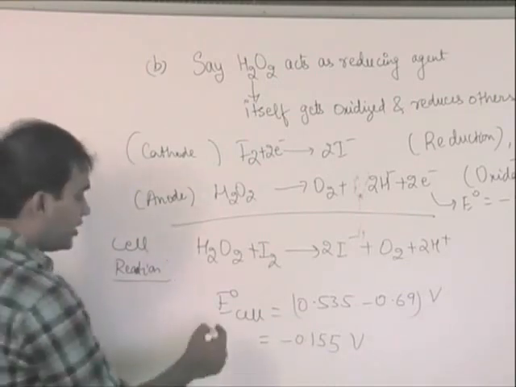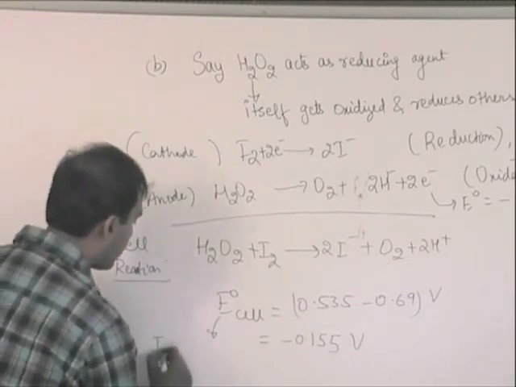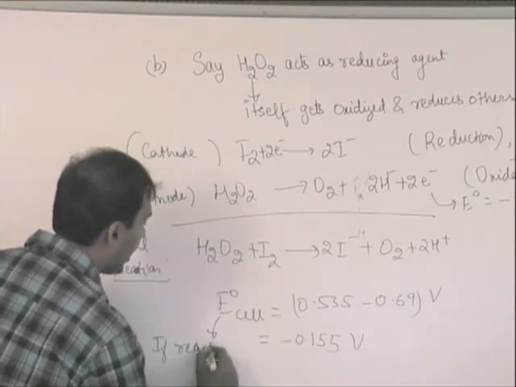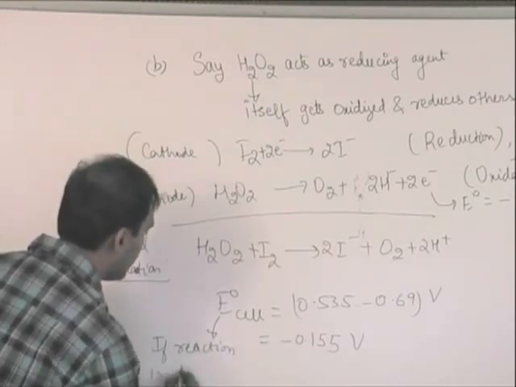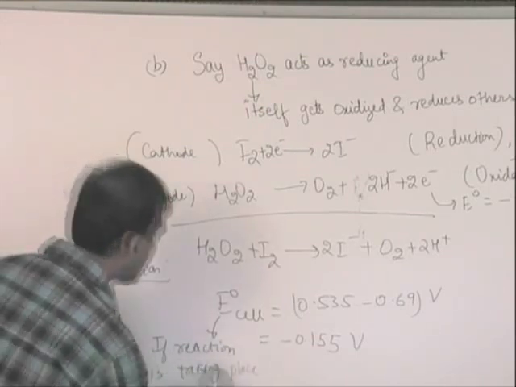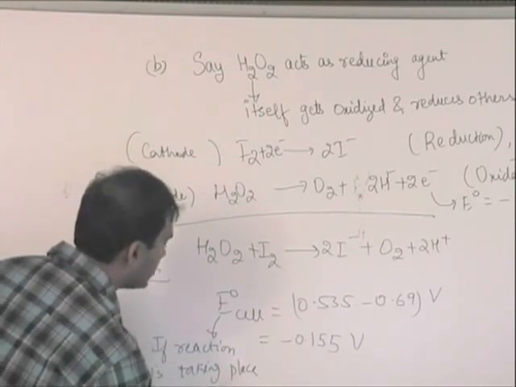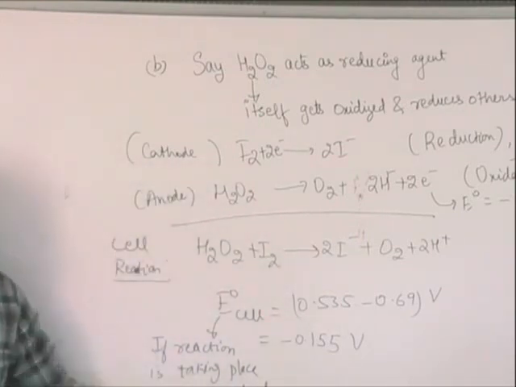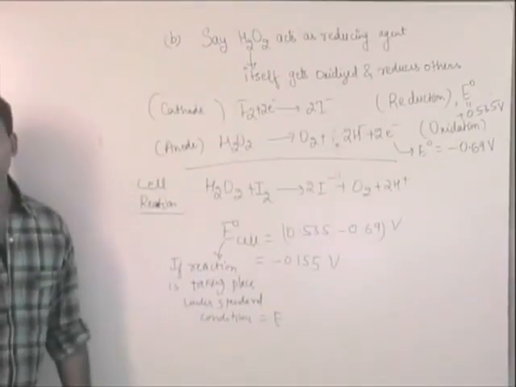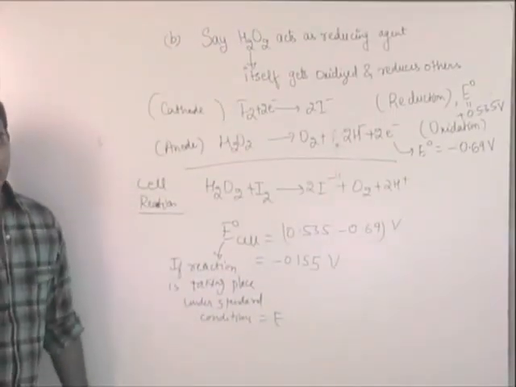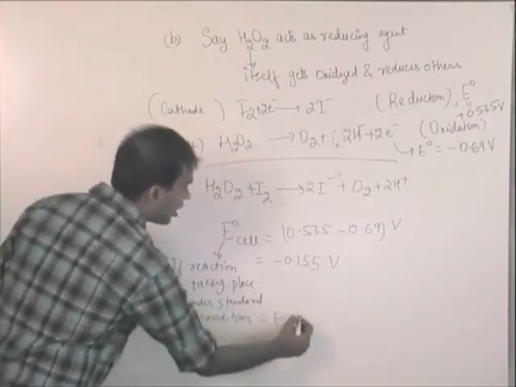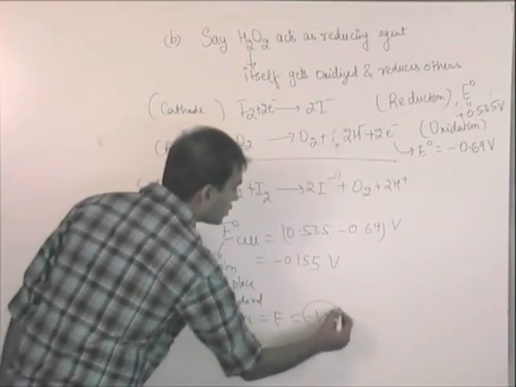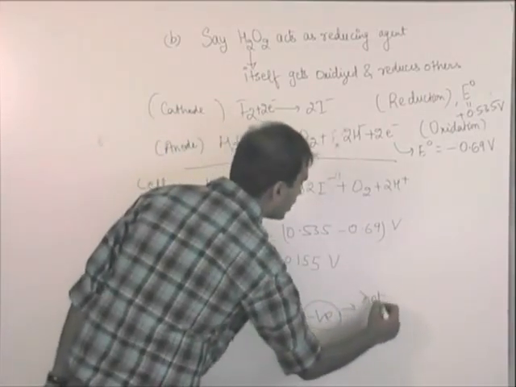So in this case, if the reaction is taking place under standard conditions, E equals E naught. And what I know is, this is coming out to be negative. So it is not spontaneous.